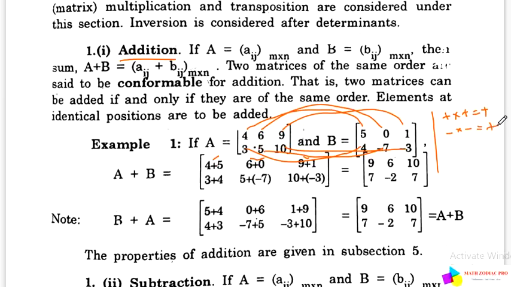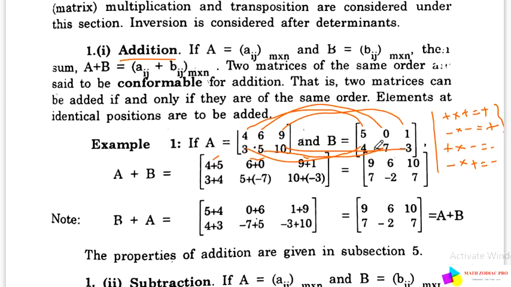Just note this. Next, plus into minus equal to minus, and minus into plus equal to minus. So when both signs are the same, plus into plus or minus into minus, we get plus, and when the signs are different, plus and minus, we get negative.